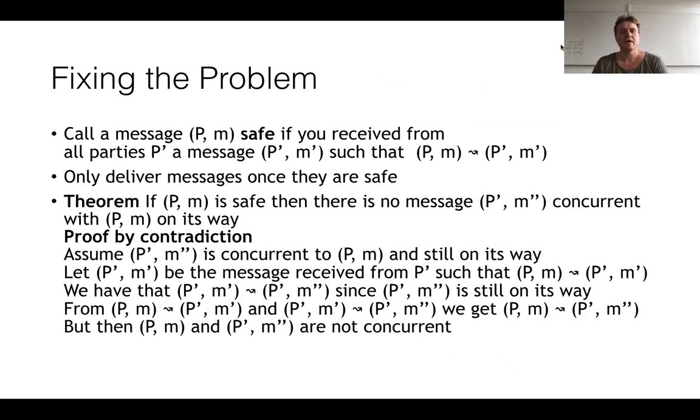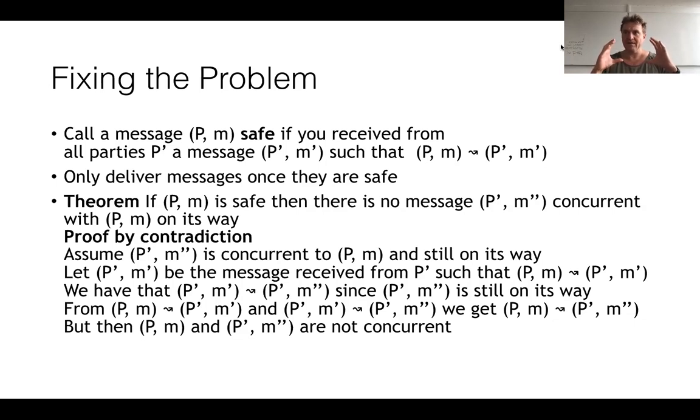And the way we'll go about it is to define a criterion which will make it safe to deliver a message. In particular, this criterion will ensure that there are no concurrent messages on its way. Okay? So think about that, that if I have a message and I know there are no messages concurrent with this message on its way, then I'm actually ready to find out where this message should be in its order, right?